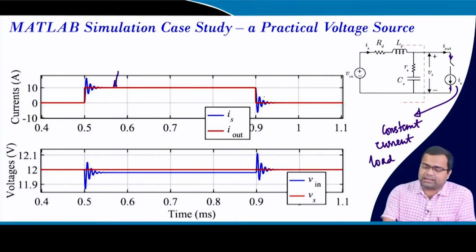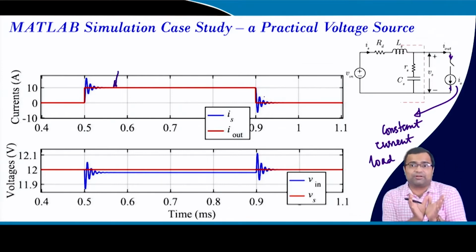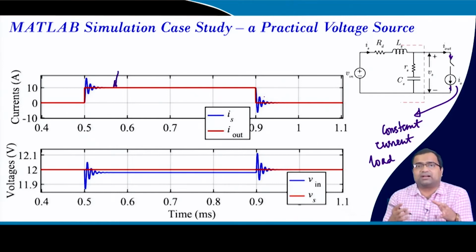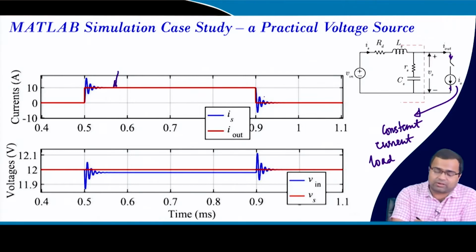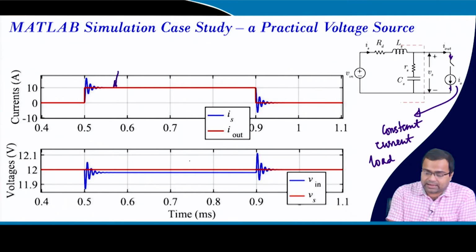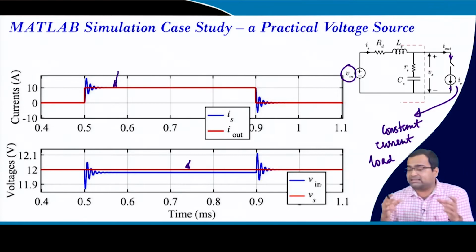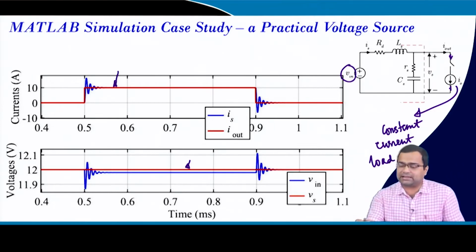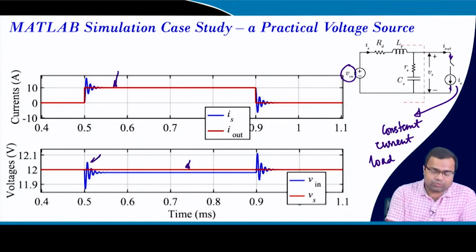So, irrespective of the supply voltage, because we are talking about a voltage source, when you talk about a constant current load, the load will behave like an exact ideal current load. That is what we have emulated here, the red waveform. Then the other red waveform here is the ideal voltage source, that is V in. Okay. But what is accessible to us is the source voltage terminal, and that is indicated by the blue traces.